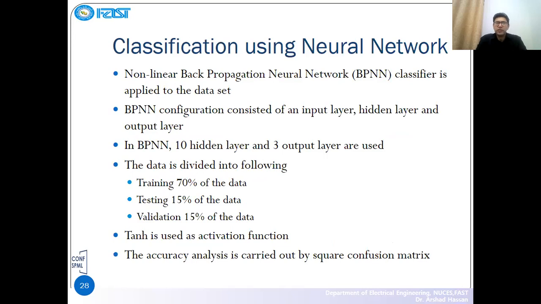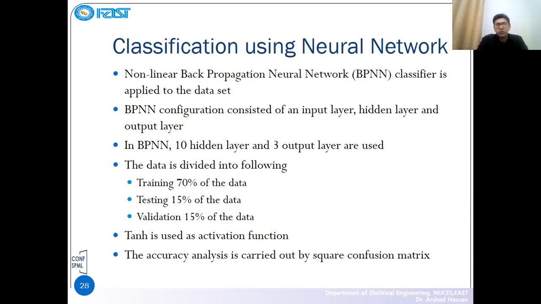So this is the linear classifier. The next one, we used a non-linear classifier, which is the backpropagation neural network. In the backpropagation neural network, the configuration consisted of an input layer, hidden layers, and output layers. We used 10 hidden layers, 3 output layers, and the data is divided into 70% for training, 15% for testing, and 15% for validation.